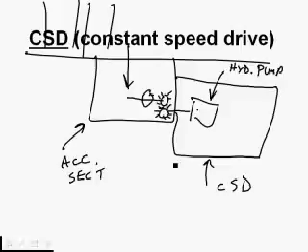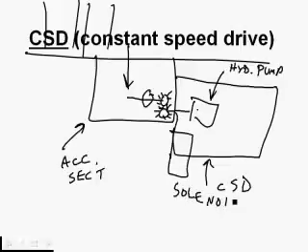section. So on the side of the CSD is what's called a solenoid. A solenoid is just an electric coil, and it's hooked onto a piece of metal. I'm not doing a very good drawing here, but if we pull on it, it's going to retract this gear back into the accessory section.